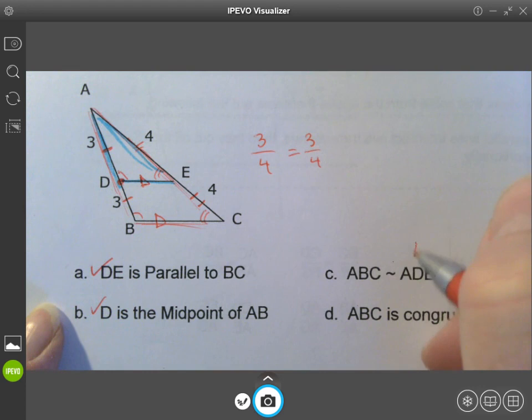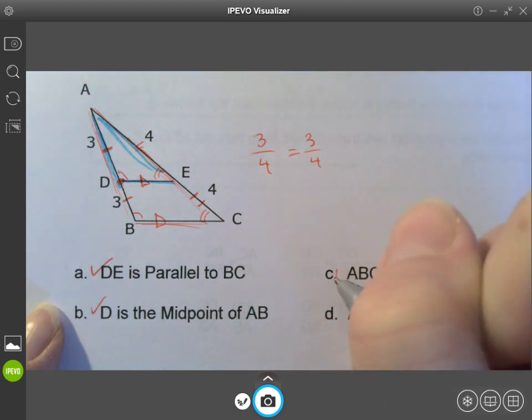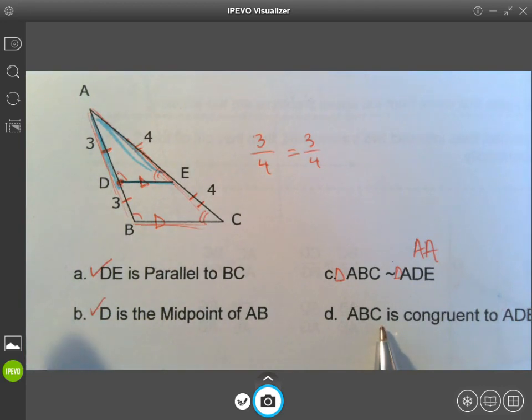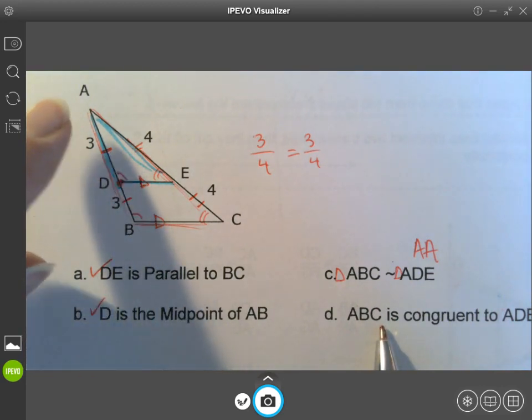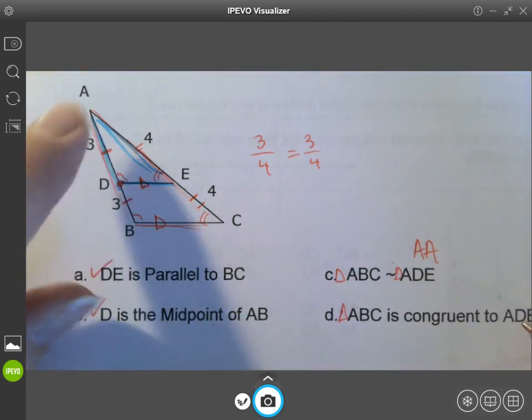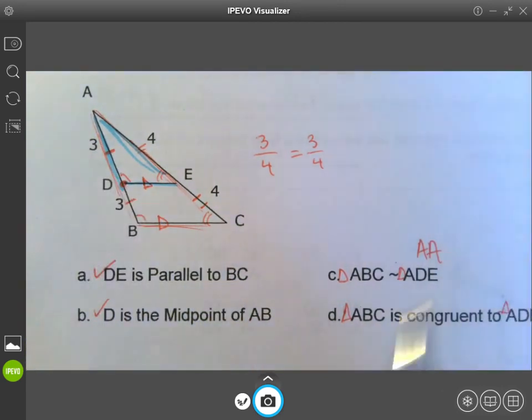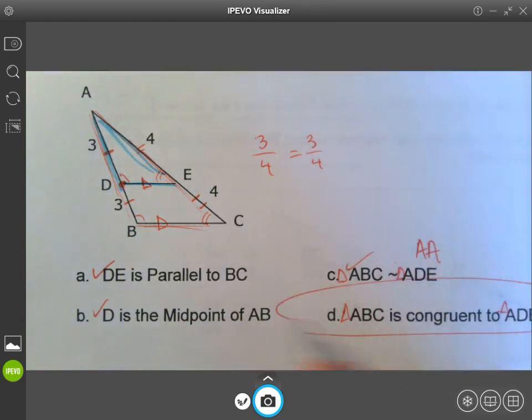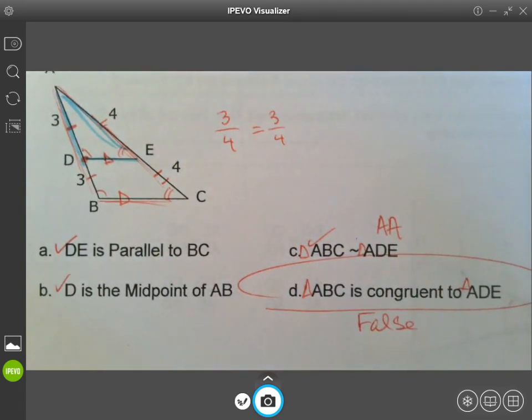So that would prove this by angle, angle. And I wish these had little triangle symbols there. And it says triangle ABC is congruent to the little triangle. Well, no, they're similar, but not congruent. So this one is false. Okay? So a lot of facts you can know, but you can't just make things up.